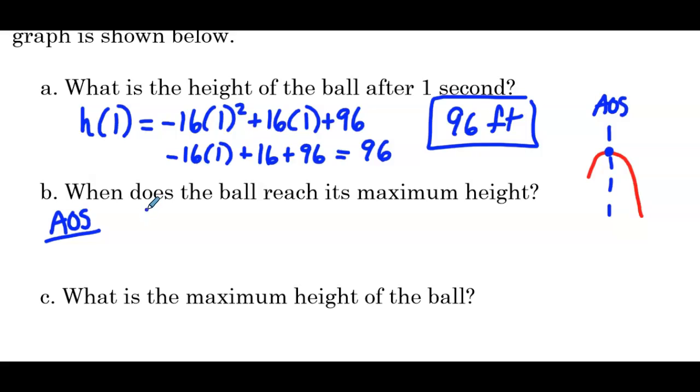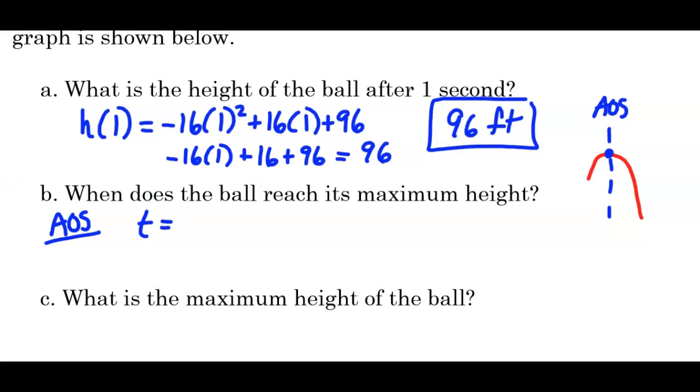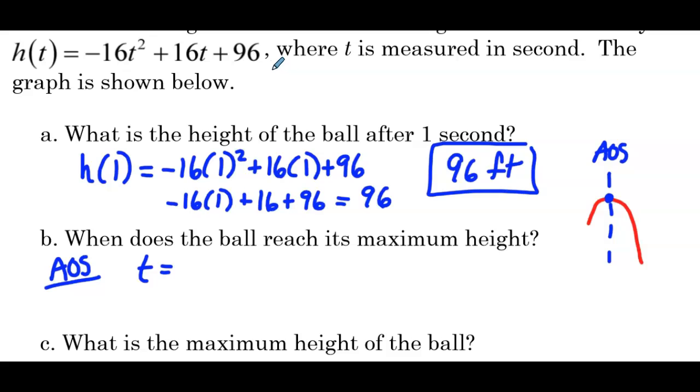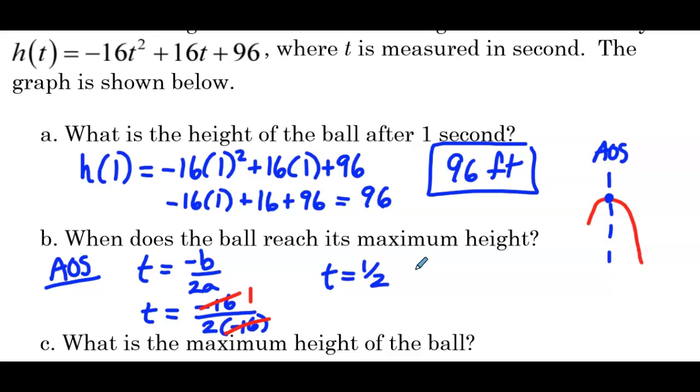So instead of x equals, we're going to use t equals, because that's the variable in the function, still negative b over 2a. So we have t equals negative 16 over 2 times negative 16. So we can simplify the negative 16s, put a 1 in the numerator, so t equals 1/2 seconds.